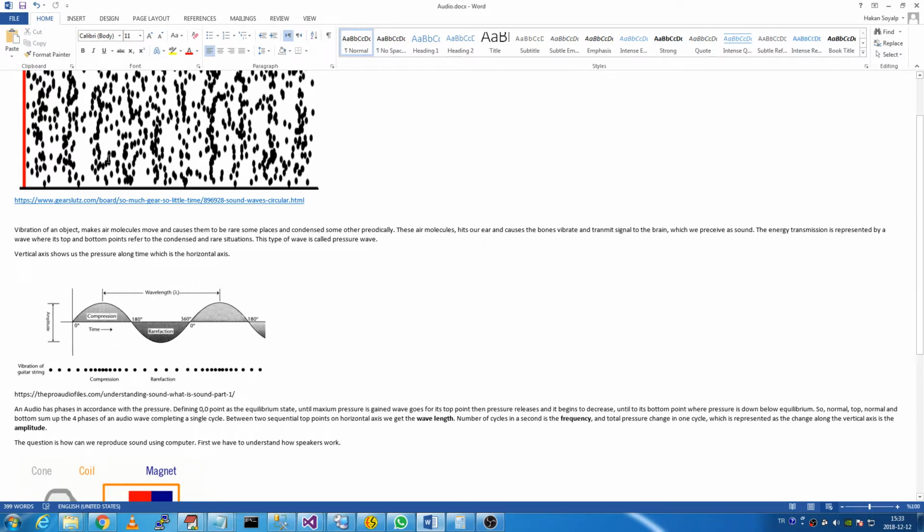Showing us what's going on in the natural world. In this scheme, the sequential 2 top points are considered to be the wavelength, and the difference between top and bottom points is considered to be the amplitude.